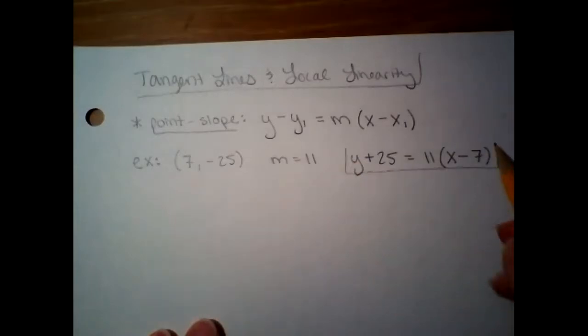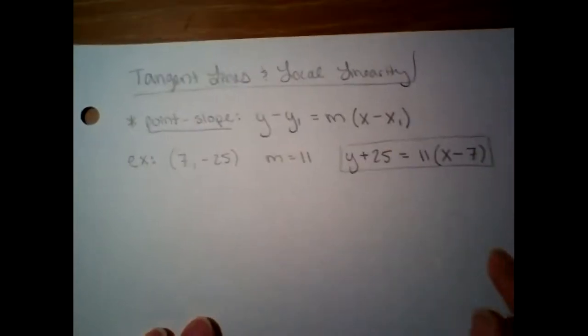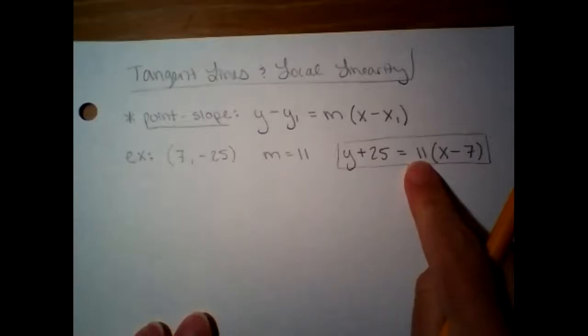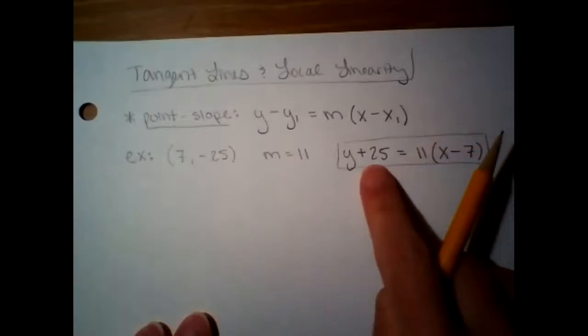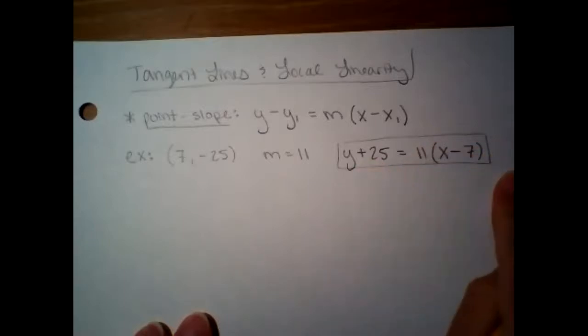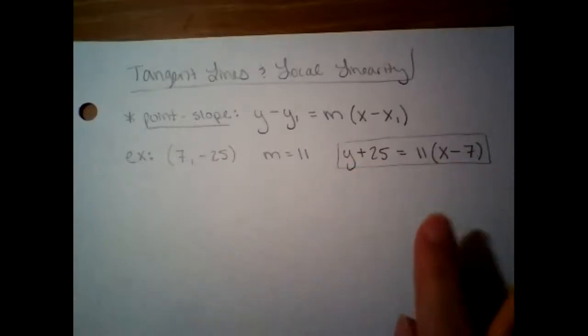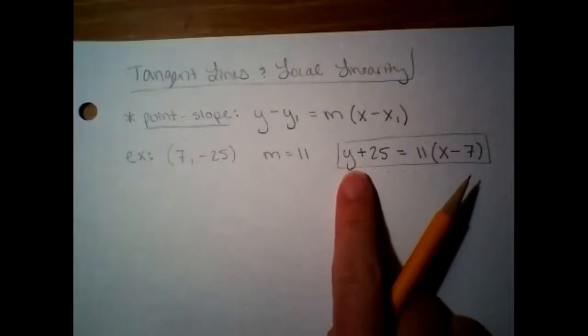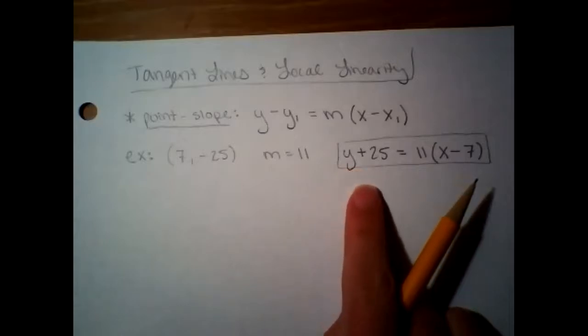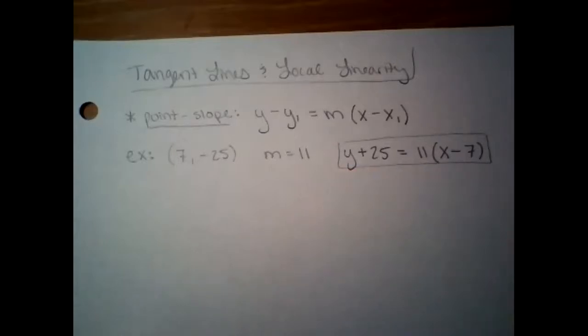So that's just putting that all together. Now, if you wanted to, you could distribute the 11 and then subtract over the 25 and put it into good old y equals mx plus b, but you don't have to. You can leave it like that. Now, if you're doing a multiple choice question and they rearrange it like that, then you'll have to do those two steps. But other than that, you can leave it alone.